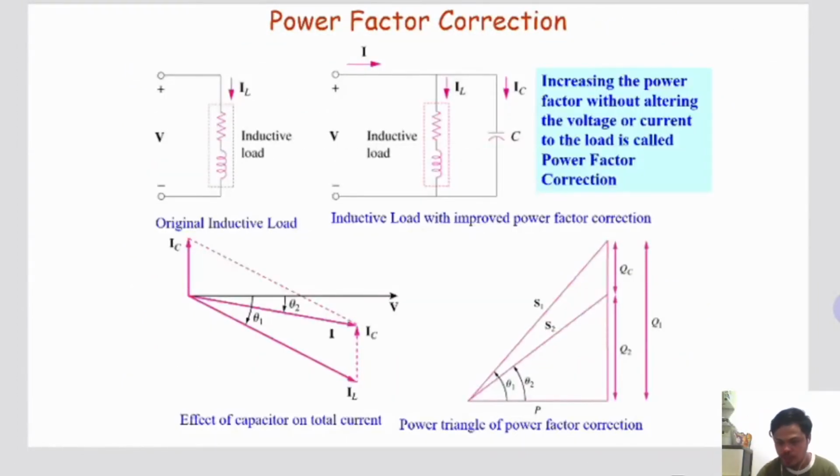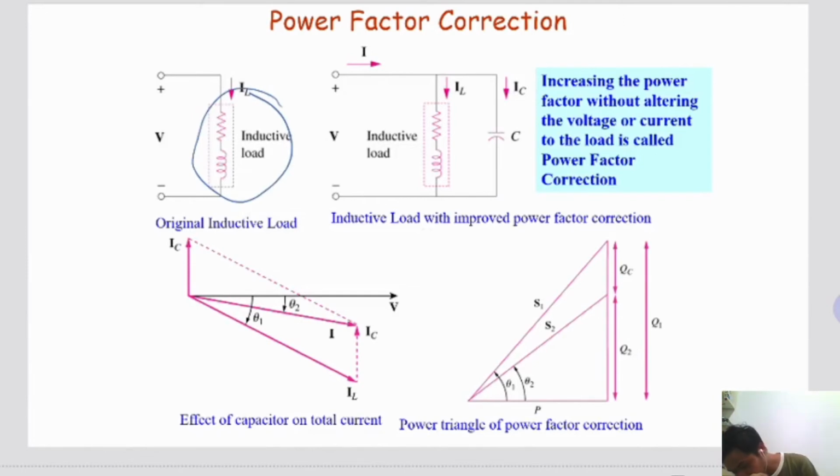So take for example, our system has an inductive load, and in order to bring this up to unity power factor, we have to install a capacitor in parallel with that system. So increasing the power factor without altering the voltage or current is called power factor correction.